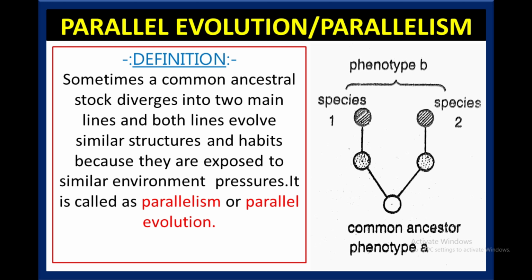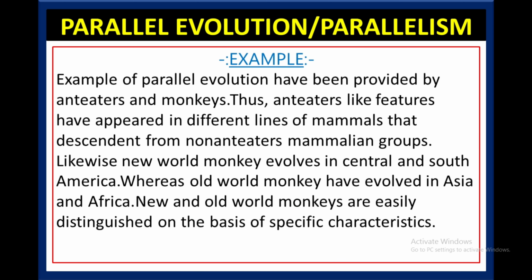Okay friends, now we will take an example to explain parallel evolution in brief. Basically, examples of parallel evolution have been provided by ant-eaters and monkeys. Thus, ant-eater-like features have appeared in different lines of mammals that descended from non-ant-eater mammalian groups.